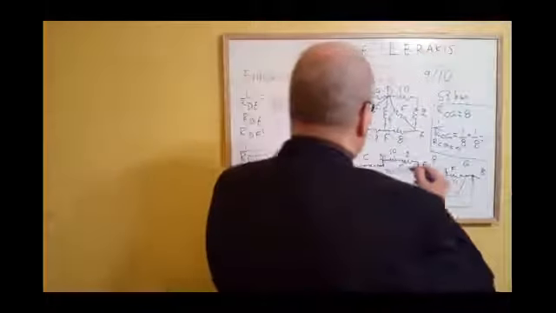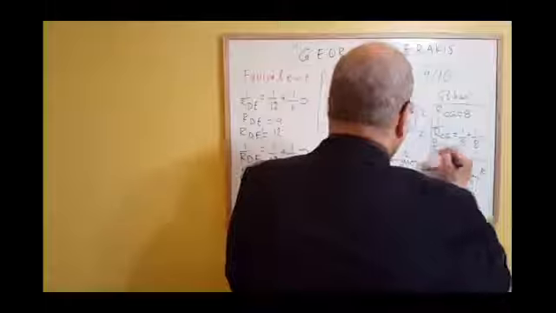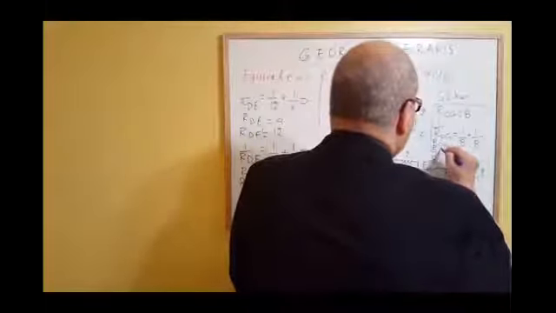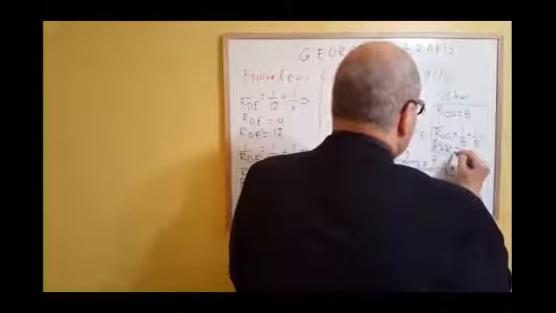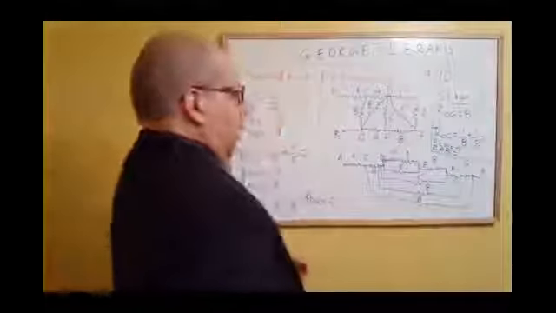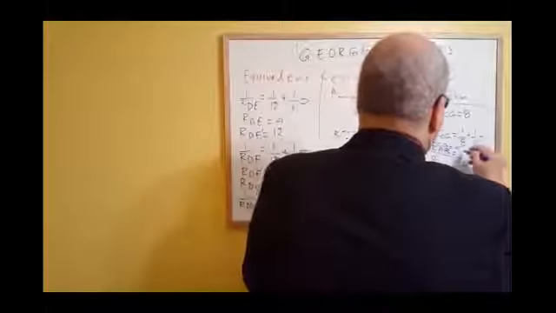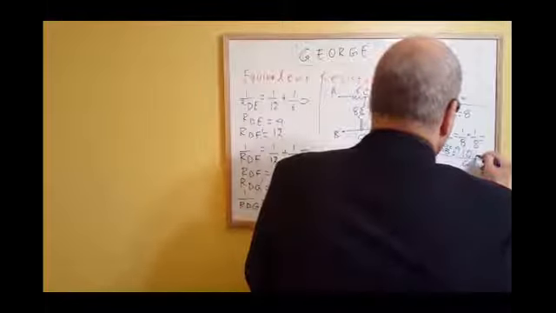So finally the R from A to B, which is what we're trying to find, has to be equal to 6 plus the 4, so that's 10 ohm.